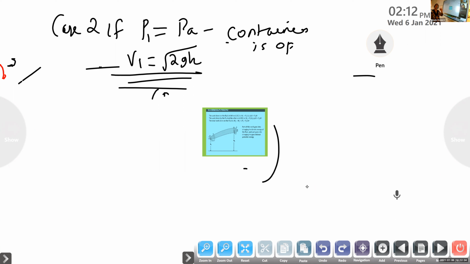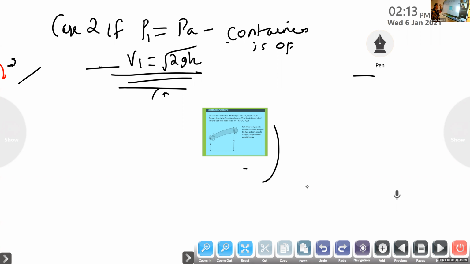We have already learned one Torricelli's law in the case of the barometer, but this is known as Torricelli's law of efflux, or law of speed of efflux. You don't have to write the entire thing. According to Torricelli's law, the speed of efflux is identical to the speed of the freely falling body.